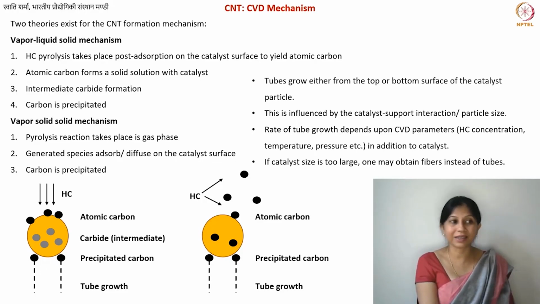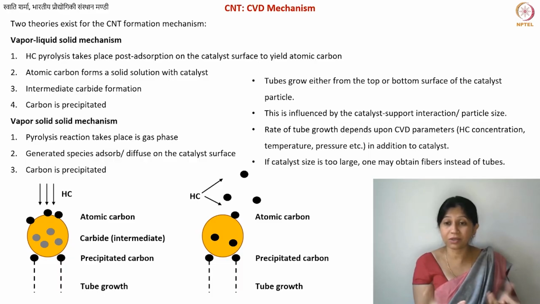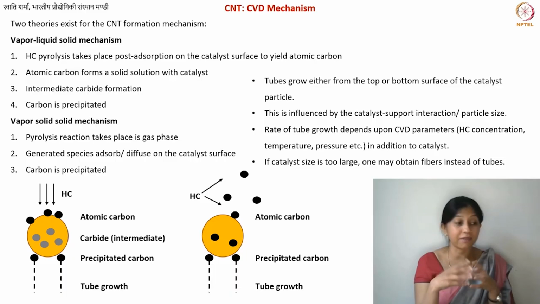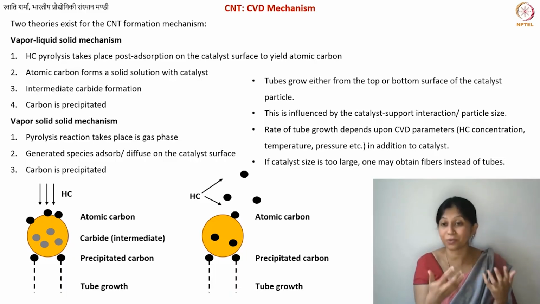Okay, so one more thing is that another closely related material is vapor-grown carbon fibers. So you know that we can have fibers also through the CVD process. If you keep on increasing the size of your catalyst, then at some point it is more energetically favorable for the fibers to form, because you can have single-walled or multi-walled carbon nanotubes, but for multi-walled, if there are way too many walls, then there is also an interaction between the walls, between these sheets, because after all they are carbon sheets and they definitely influence each other when it comes to the formation.